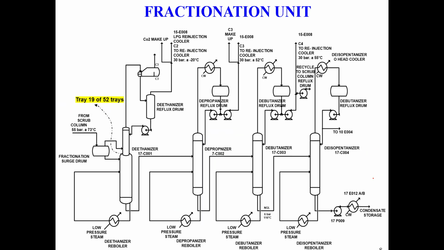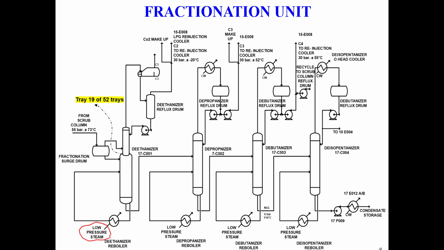Here you have a bigger picture of this unit. It shows all the accessory equipment that we have. I'm not going to go through the details of each of them, because they are very similar. Each of them is a distillation column, and each of them has a reboiler. How does the reboiler work?